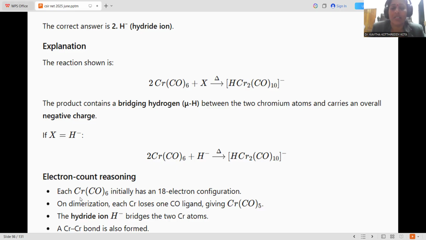If you count electrons in the initial and final complexes, chromium hexacarbonyl is initially an 18 electron complex and more stable.